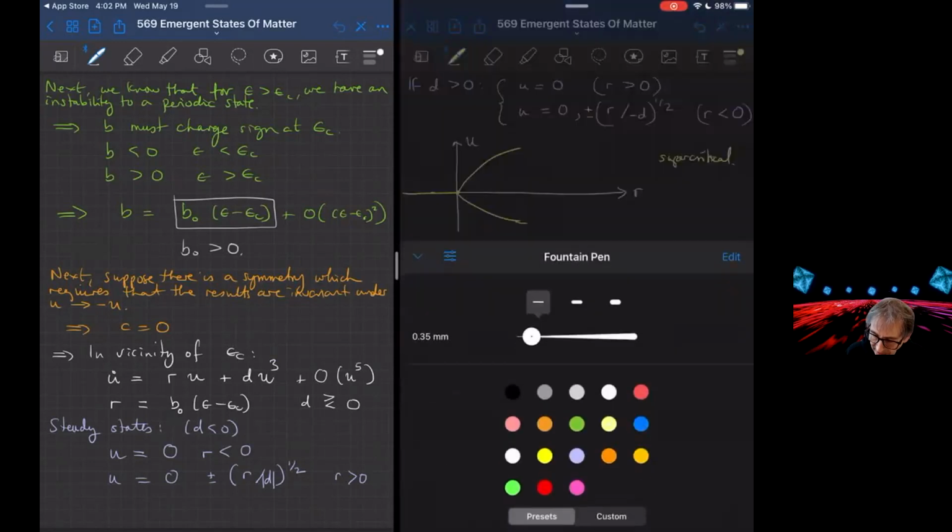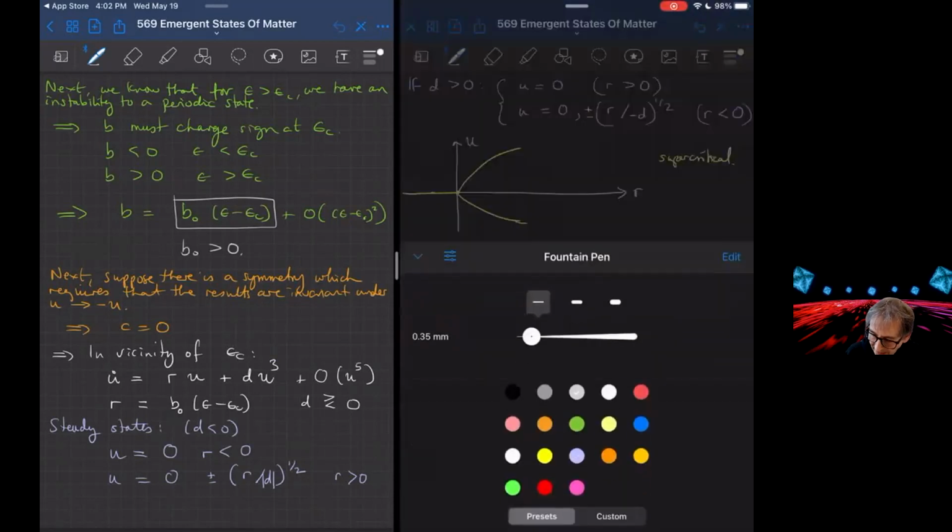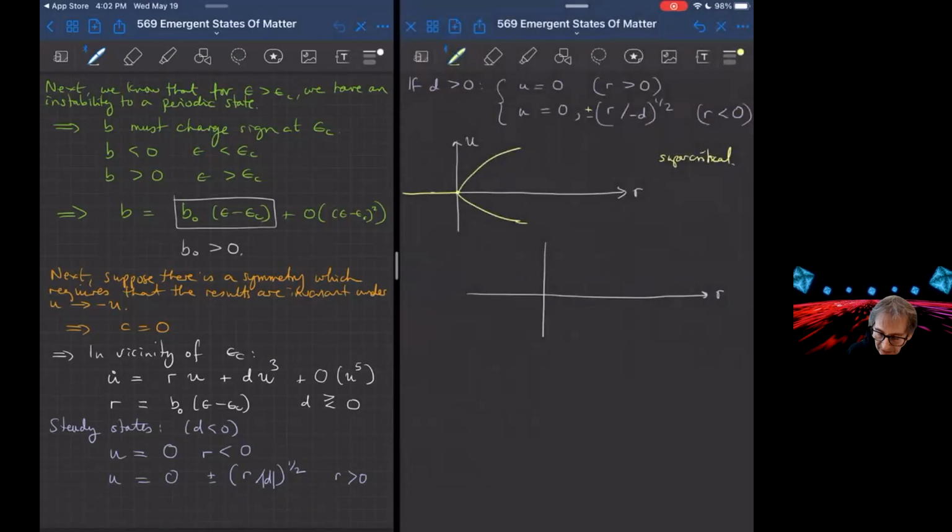Now the other picture that we could have is something like this. So here is r, and we're going to draw the shape of the curve. So I'm going to draw the solutions. It's going to bend backwards like this. Strictly speaking, the solution looks like this.